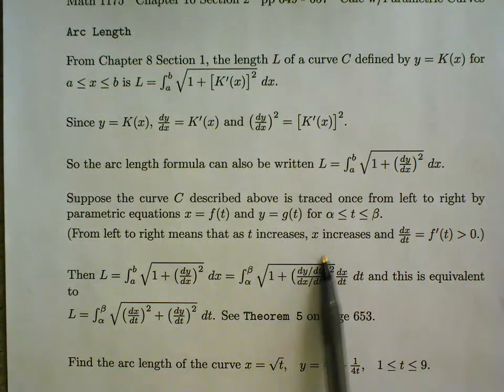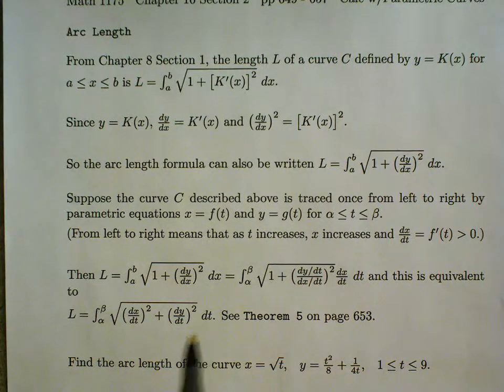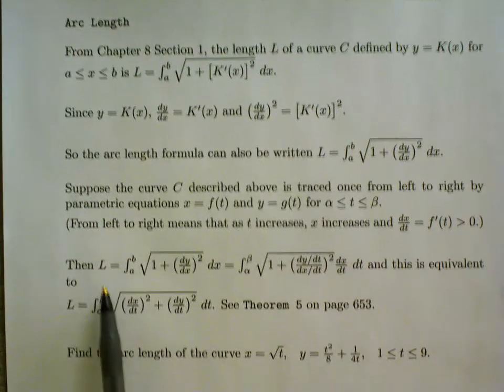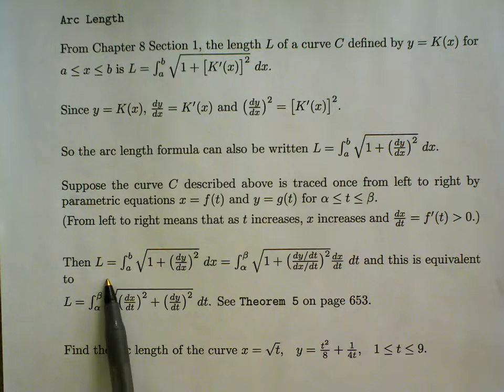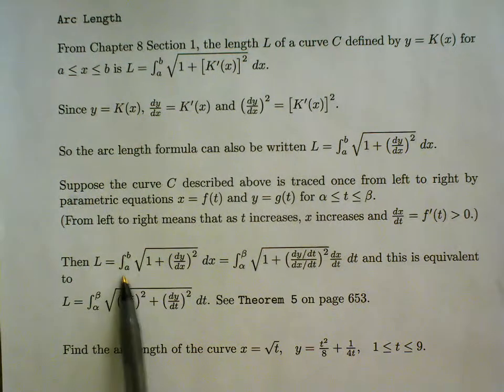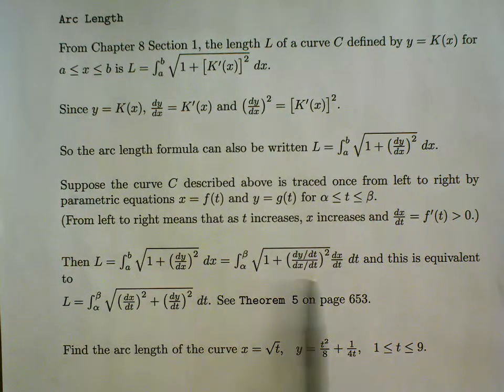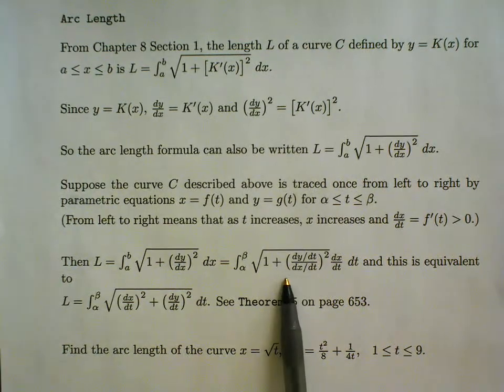Okay, so if the curve is traced out from left to right, then we can transform the arc length formula in terms of x and y to the third variable t.